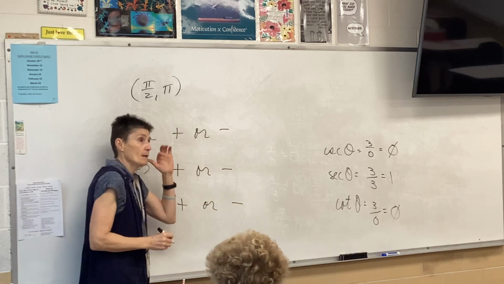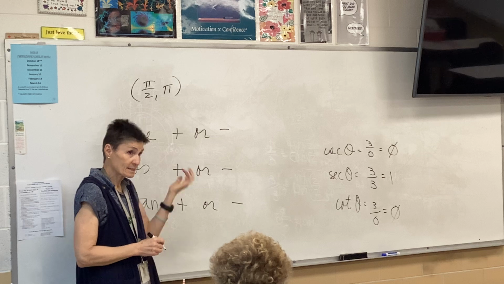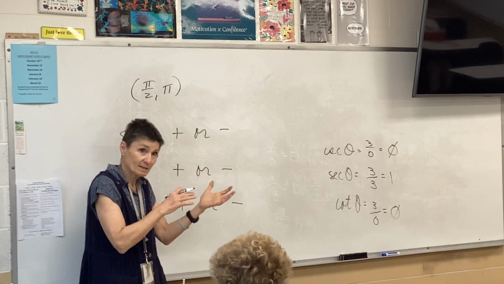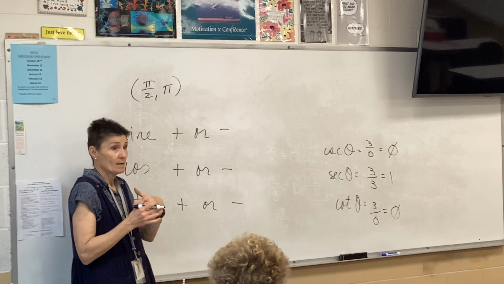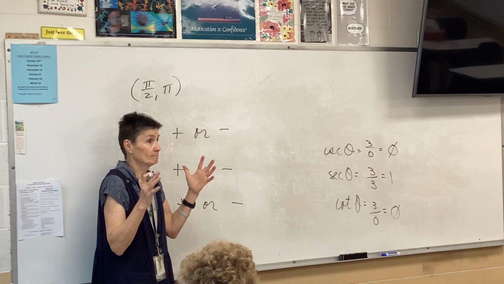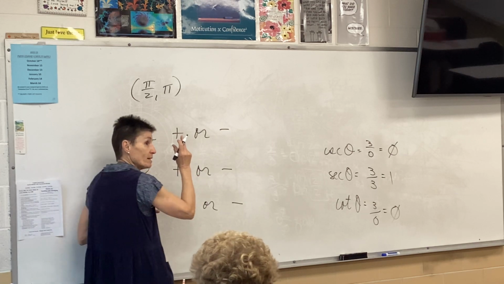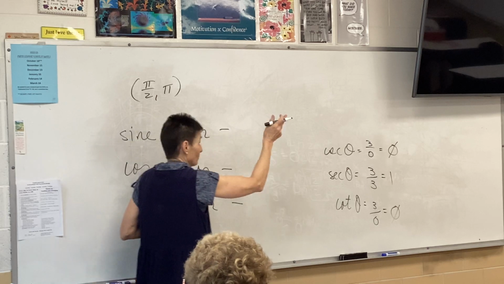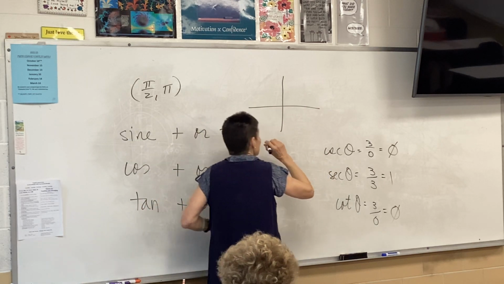Have we had this morning sines, cosines, and tangents that are positive, and some that are negative? Yep. What did that depend on? Where it was. So here's what I want you to think about. A couple of new pieces of information. I don't think we've talked about this before.